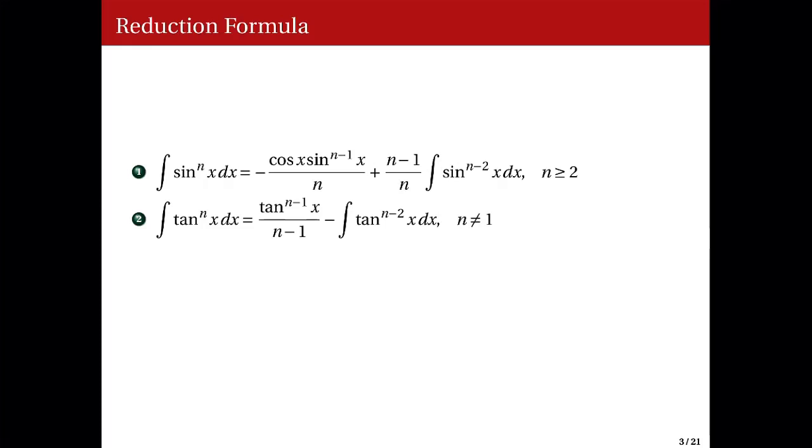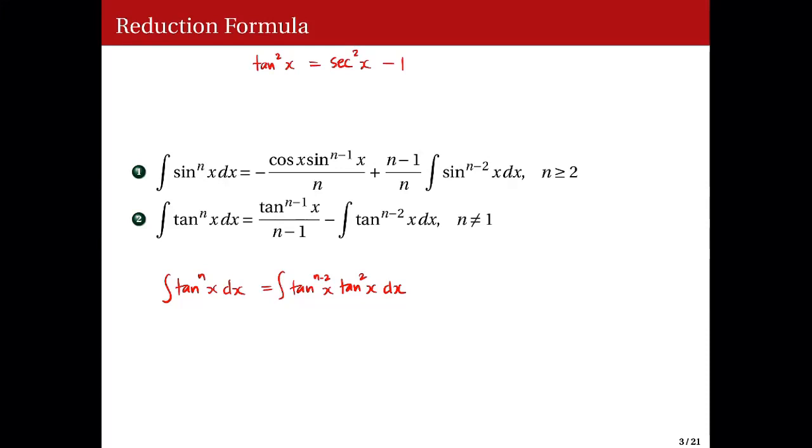Okay? So how do we prove this? What we're going to do is write integral of tangent to the n x dx as integral of tangent to the n minus 2 x times tangent squared x dx. And then for this guy here, we will use the identity tangent squared x equals secant squared x minus 1.